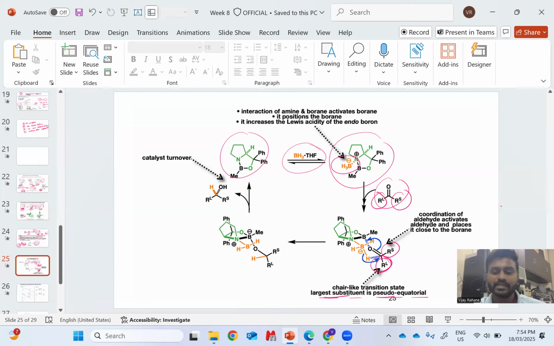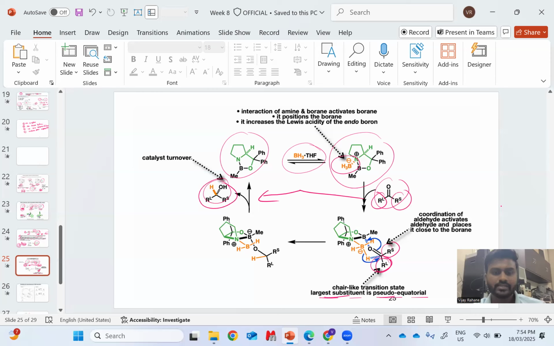Further, hydride transfer takes place from the boron to the carbonyl carbon, and this gives the hydroxy product, which is the reduction product of the ketone. Upon reduction we get this hydroxy compound, in which the hydride is directed beta and the hydroxy group is alpha oriented.